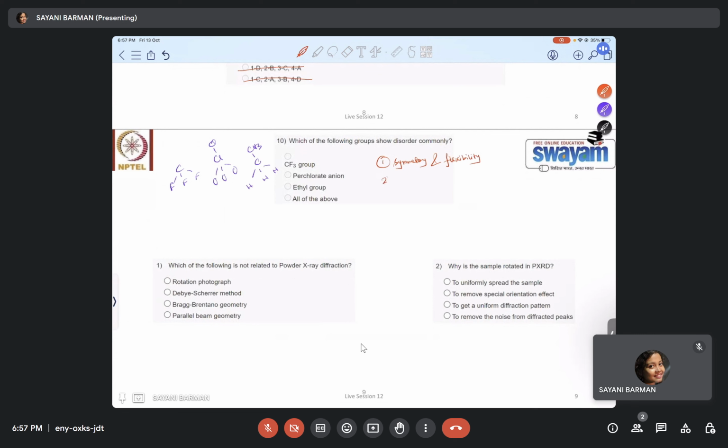Now, the next one is ligand exchange. In tetrahedral complexes, ligands can often exchange, and this can result in disorder. The next is dynamic processes.